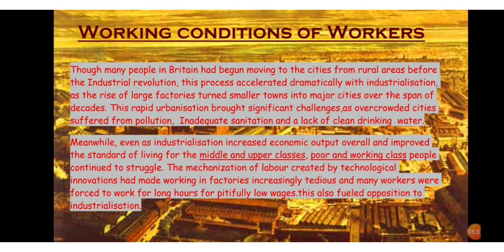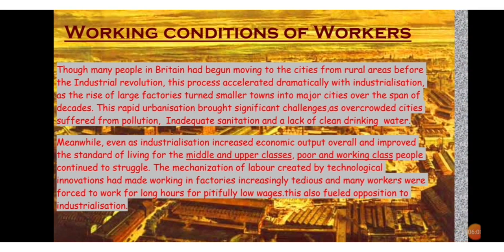Meanwhile, even as industrialization increased economic output overall and improved the standard of living for the middle and upper classes, poor and working class people continued to struggle. The mechanization of labor created by technological innovation had made working in factories increasingly tedious, and many workers were forced to work long hours for pitifully low wages. This also fueled opposition to industrialization.